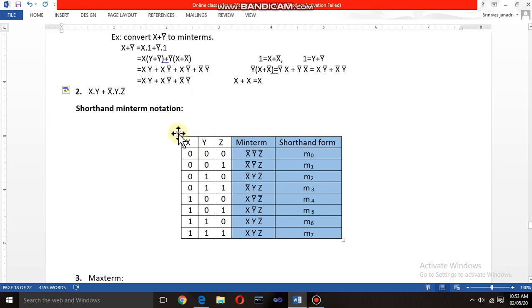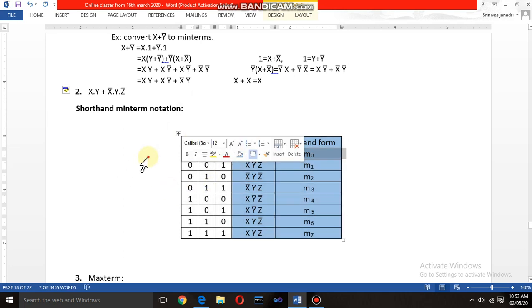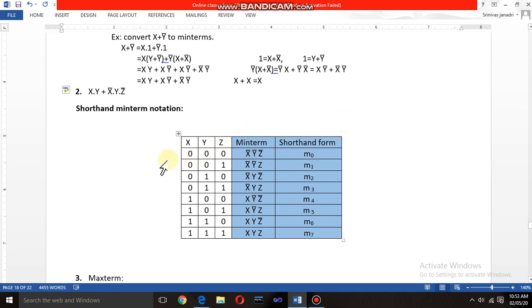Here we have that table of different min terms for a three variable system. Most probably, 99% of the time, we are using the three variable system, the three literal expression.